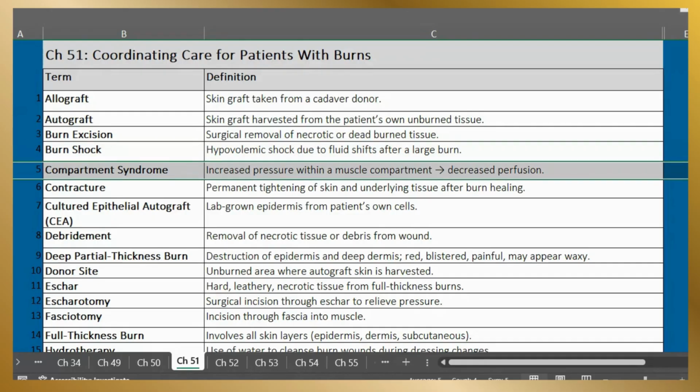Compartment syndrome, increased pressure within a muscle compartment, decreased perfusion. So it can occur under eschar or deep tissue burns, and may require what they call escharotomy or fasciotomy.